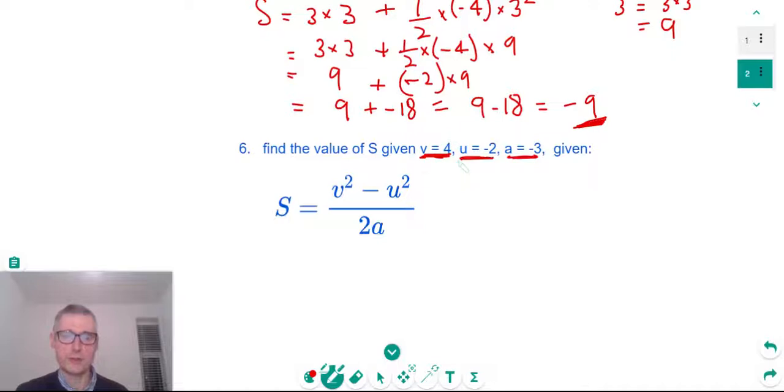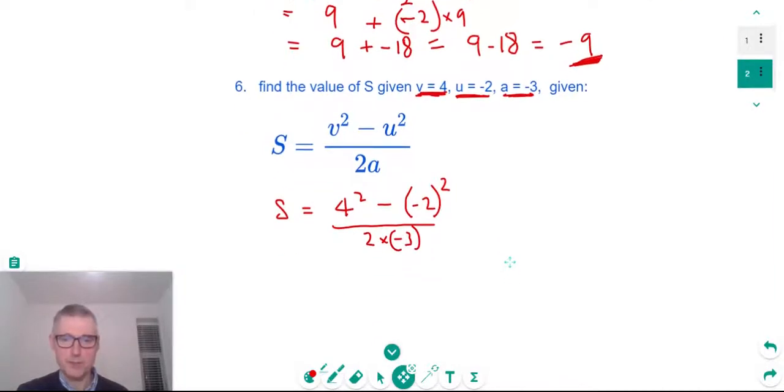So the first step is always just to rewrite this and replace the letters by the numbers. So I've got s equals, and then it's 4 squared minus, and be very careful to put the -2 in a little bracket, and that's squared all over 2 times by -3.